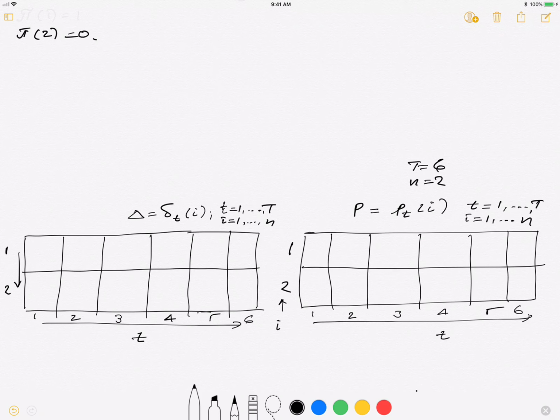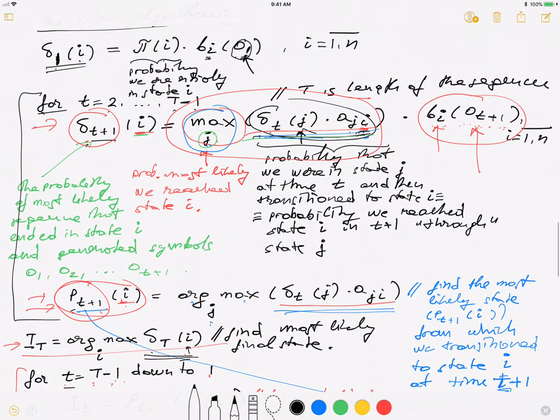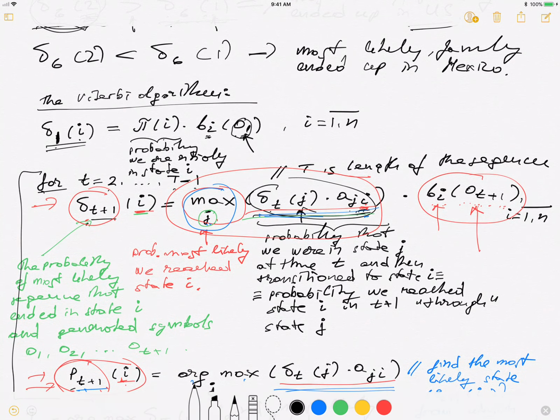So this is the data that I need, and I now need to start executing the algorithm. First I need to start with initialization of the algorithm: delta 1 of i is pi i times b i of O1.